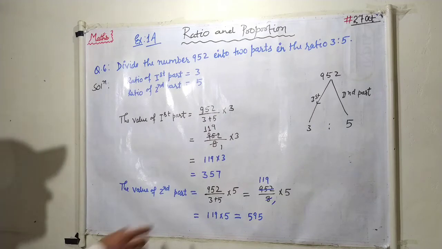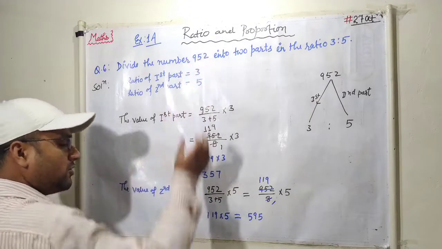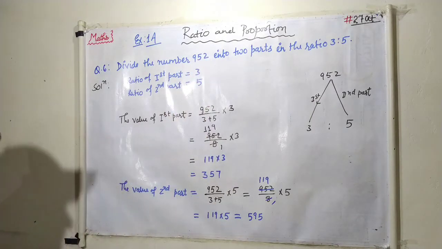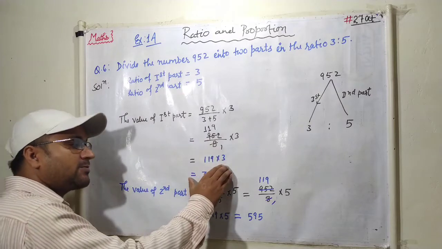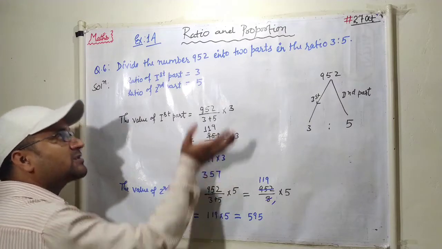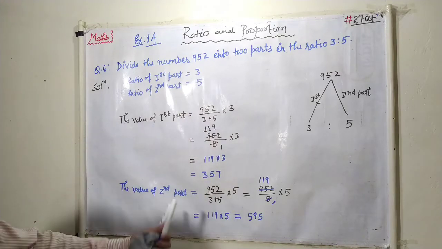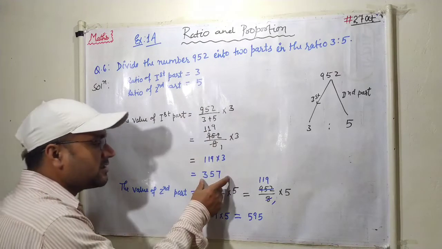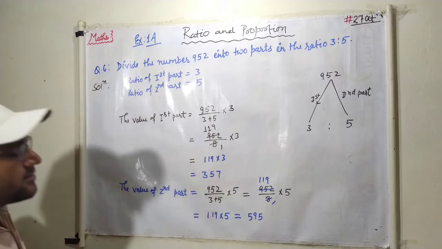So this is the value of the second part. If you have found the first part, by subtracting the value of the first part from the total, you will get the value of the second part also. You should always remember this, and this is also an easy way. So your answer is 357 and 595, students.